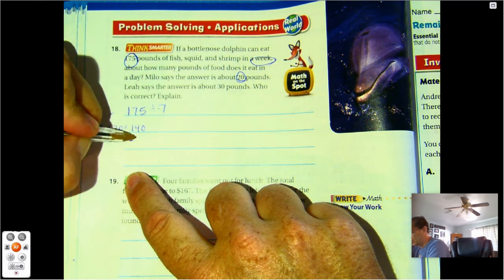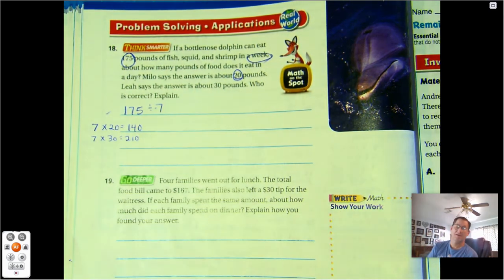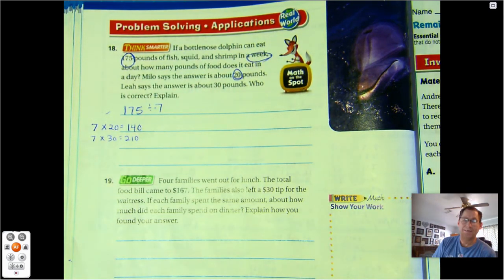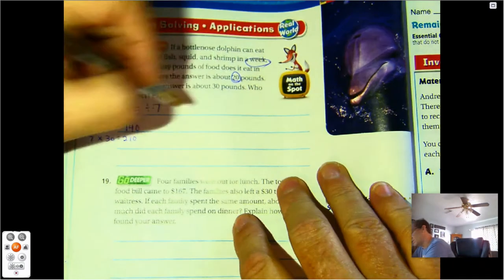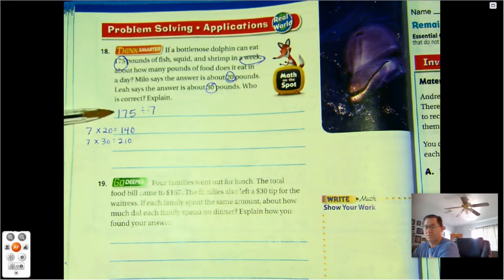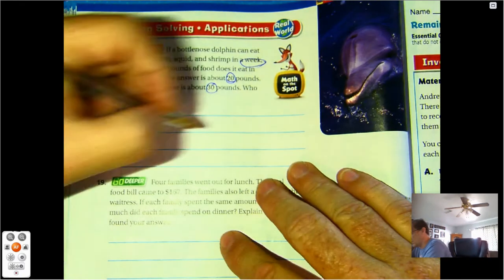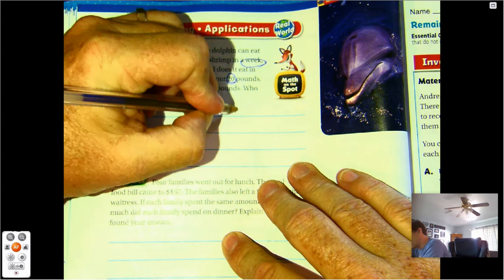So which one is closest to the dividend of 175? Well, 175 take away 140 is 35. So Milo's off by 35.